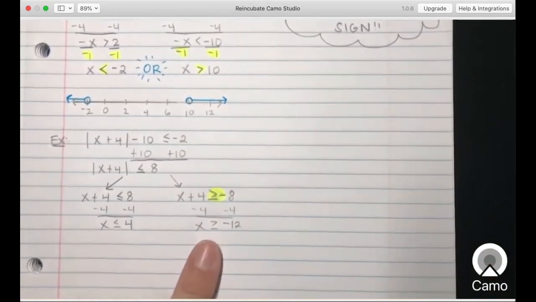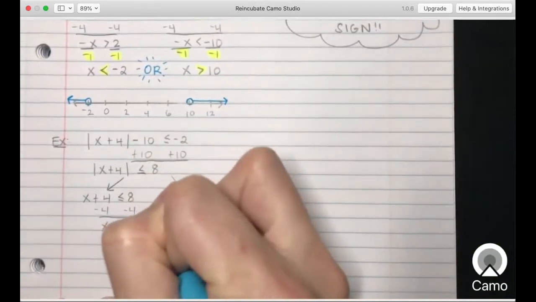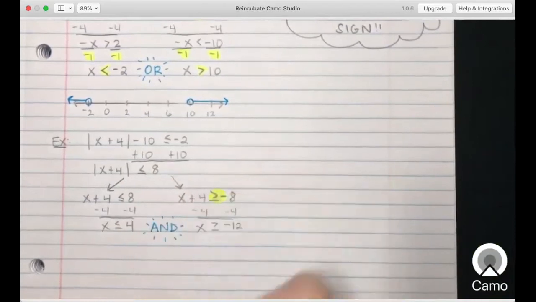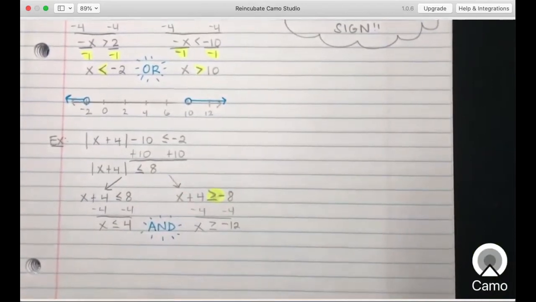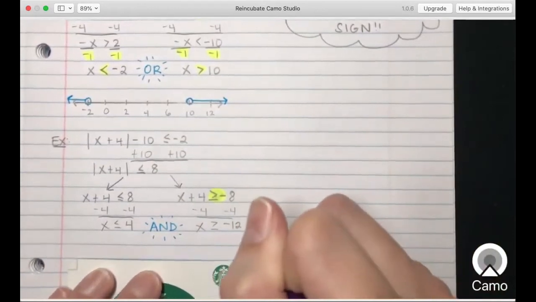So I can think of a lot of numbers. So this is going to be an and, because we can satisfy both of these solutions at the same time. And if we look at what this will look like on a number line, it makes sense that we call this and.